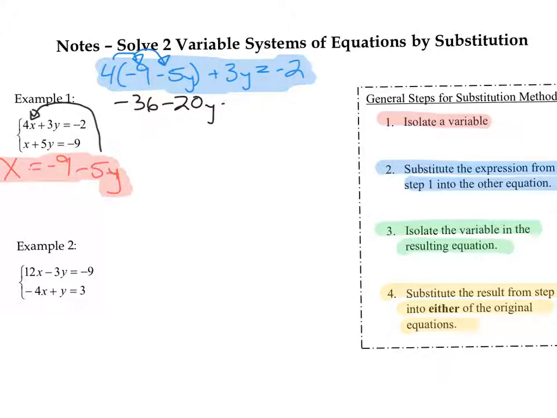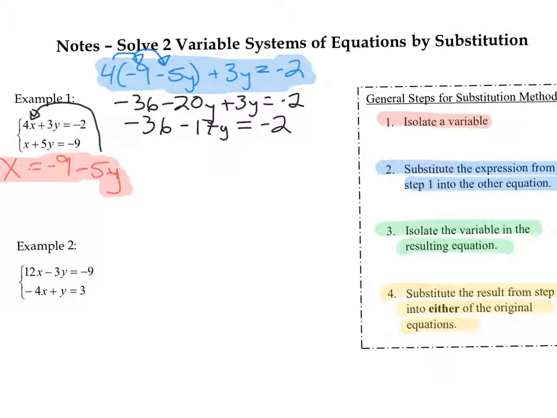And then we can add our 3y equals negative 2. Now, we can combine like terms on the left-hand side. And so we have negative 36, and then negative 20y plus 3y, which gives us negative 17y.